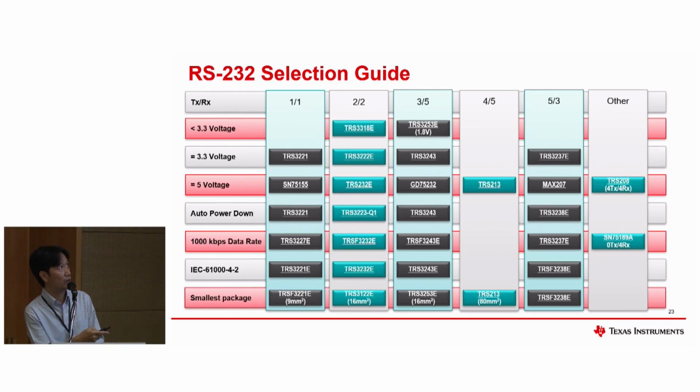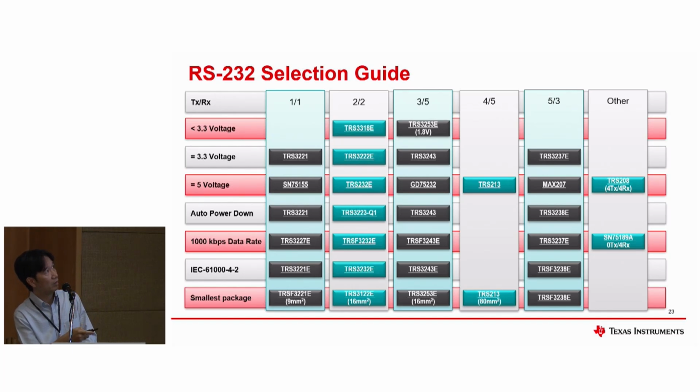So that's why we offer different transmitter and receiver product groups here. We have 11, 22, 32, 35, 45, 53, and maybe even more here.